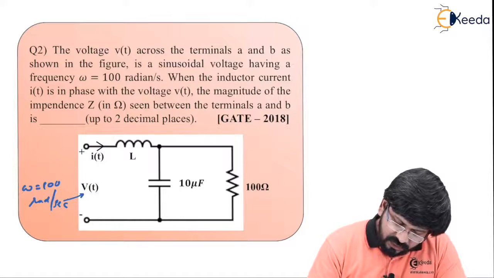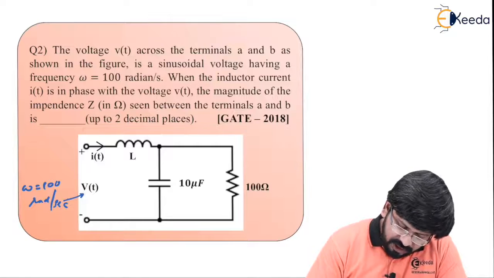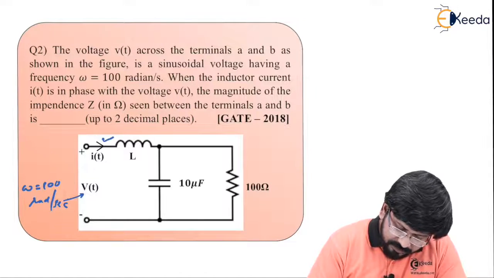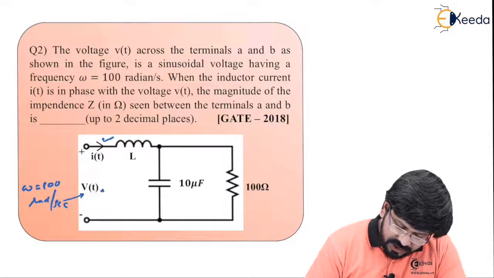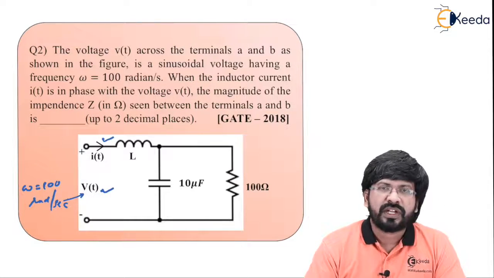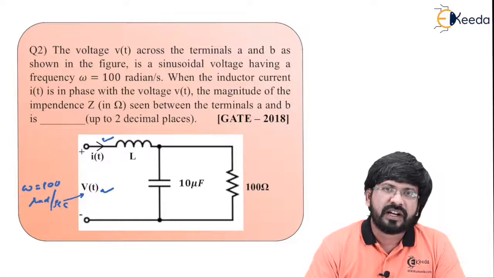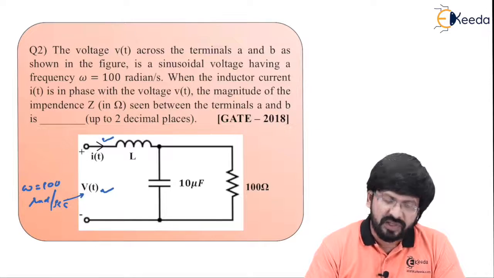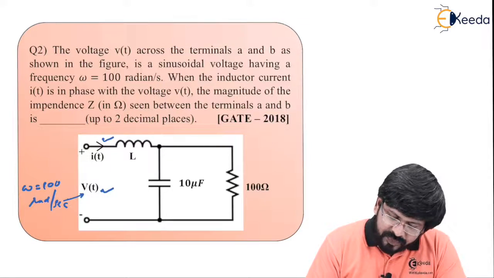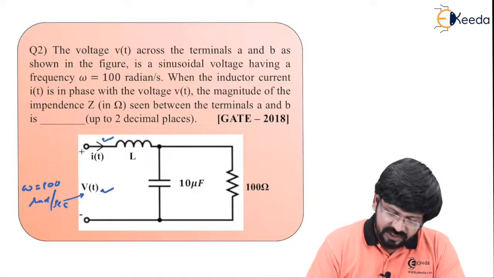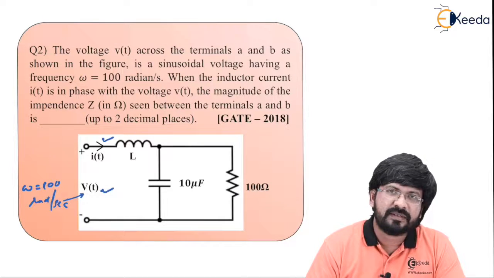After that they say when the inductor current I of t, it means they are talking about this current I of t, is in phase with voltage V of t, it means the supply voltage. So indirectly they are saying whenever the supply current comes in the phase with supply voltage, then magnitude of impedance, that is Z in ohms, seen between terminals A and B is, which is correct up to 2 decimal places.